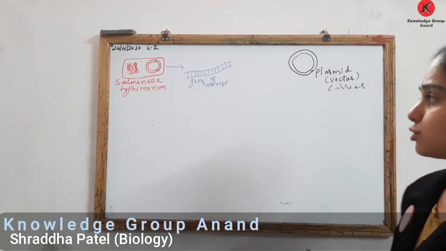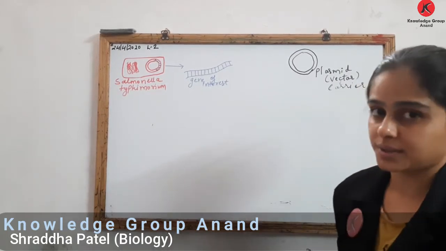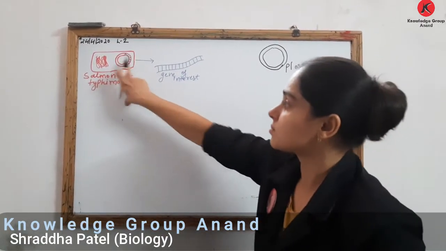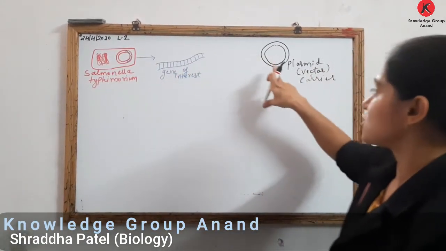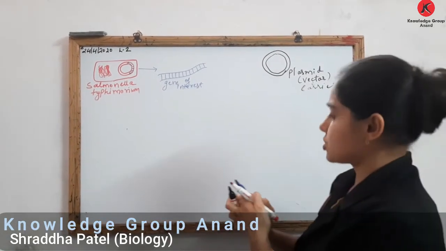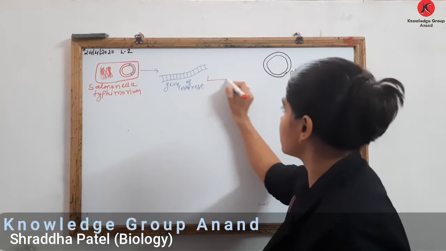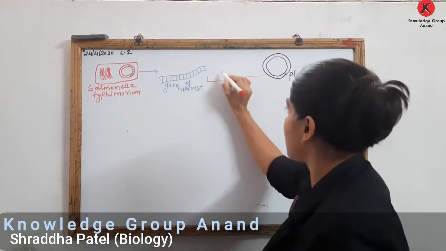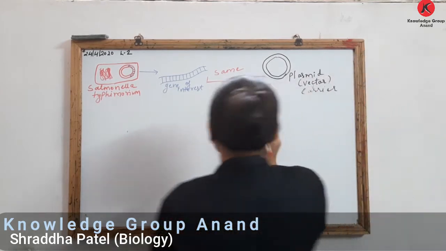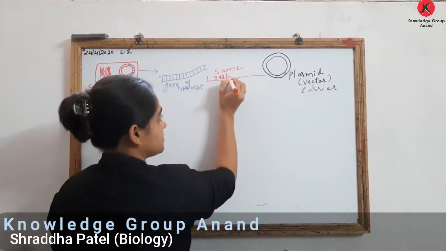Now what am I going to do? I am going to cut this gene of interest as well as your plasmid by using the same restriction enzyme.